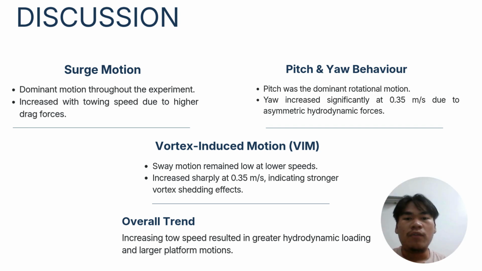For pitch and yaw behavior, pitch was the dominant rotational motion and yaw increased significantly at 0.35 due to asymmetric hydrodynamic forces. Next, for VIM, sway motion remained low at lower speed, but increased sharply at 0.35, indicating stronger vortex shedding effects. So for the overall trend, increased tow speed results in greater hydrodynamic loading and larger platform motions.